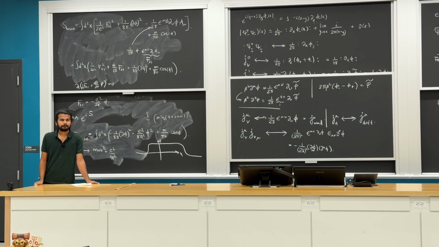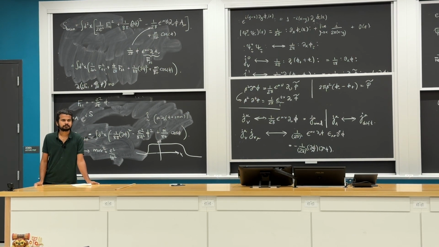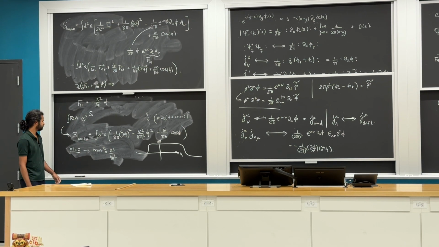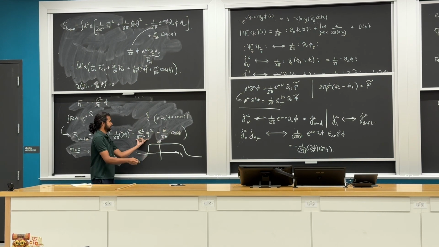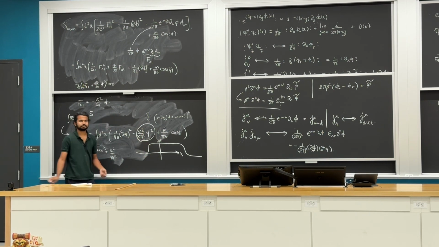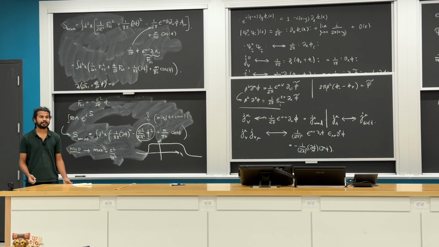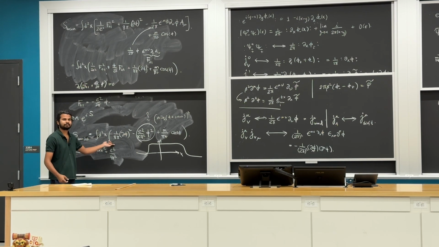What about this mass thing? I thought I was fine with it, but if we start with m equals 0 initially, we can just read off what the mass is here. Yes, this is the mass term. So the effective degree of freedom that you have in the theory is gapped.